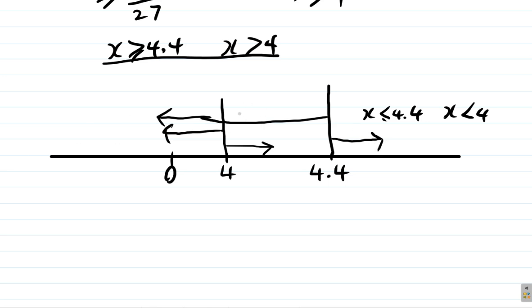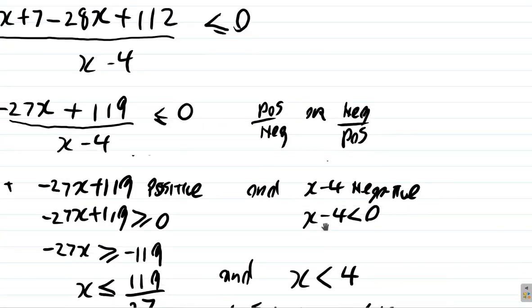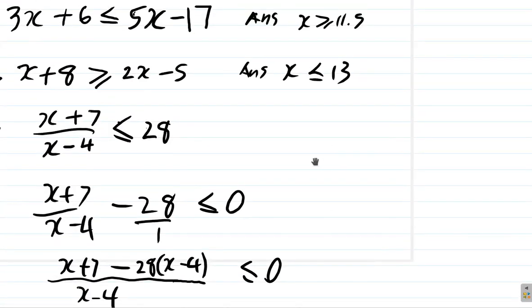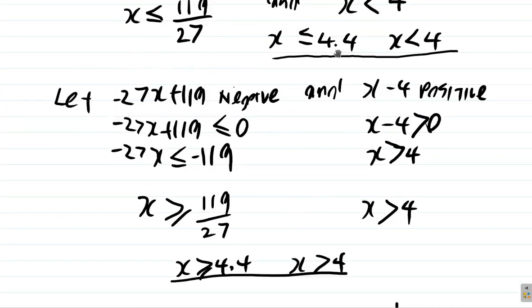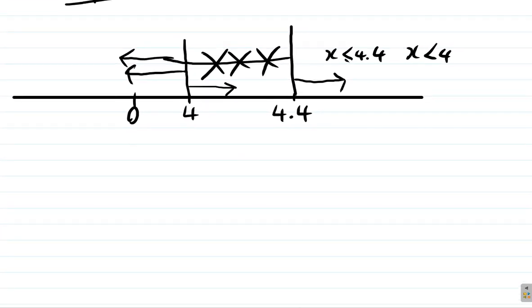But a number within this region should not work. Let's test them and see what happens. The original inequality says (x plus 7) over (x minus 4) is less than or equal to 28.